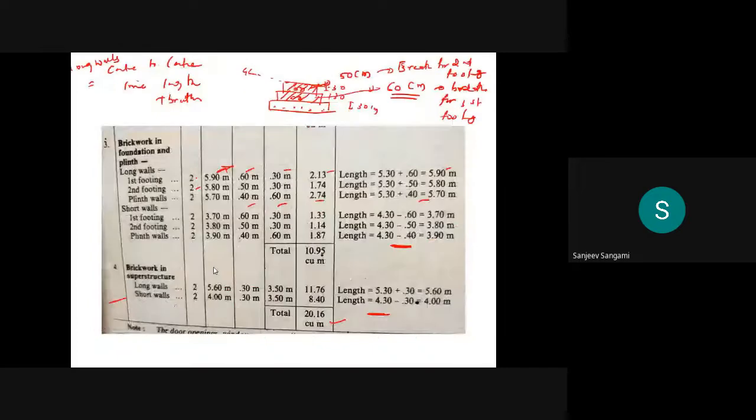So of course, we have taken one simple formula whenever we are calculating the long wall method.